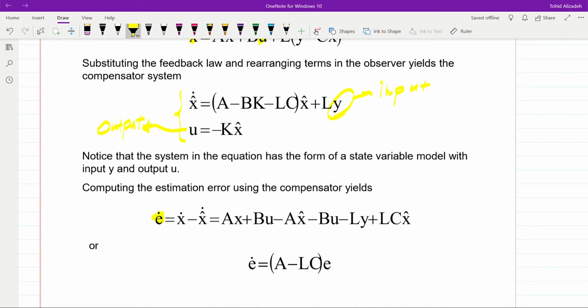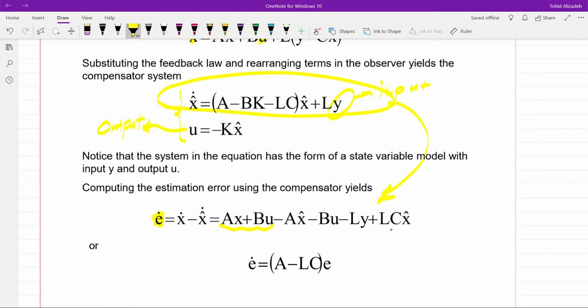This is the error that we have for the estimate of the states. And then we replace x dot with Ax plus Bu and x hat dot with its equivalent, A x hat plus Bu plus Ly minus LC times x hat. It's indeed minus x hat dot, which you can get from here. So we have the expression here. We just replace them over here.